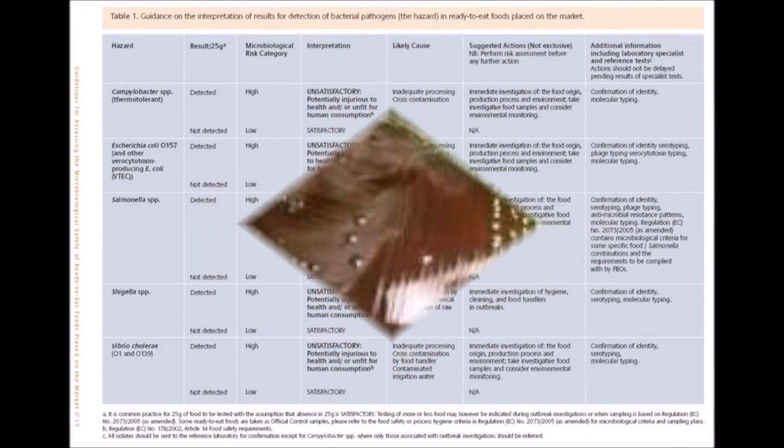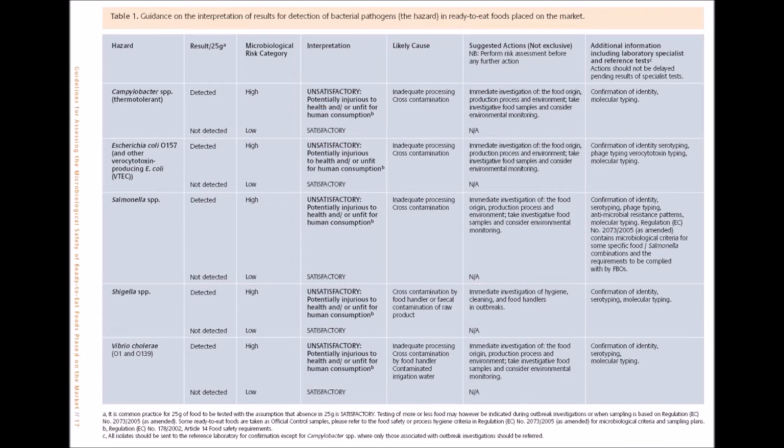Data for comparison are shown in Table 1 of the guidelines. In this case, detection or presence of the organism in 25 gram of the food sample renders the food unsatisfactory, due to high microbiological risk and potential injurious to health. The food is therefore unfit for human consumption.